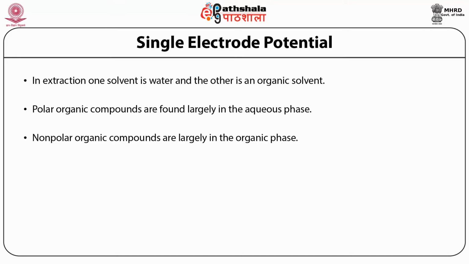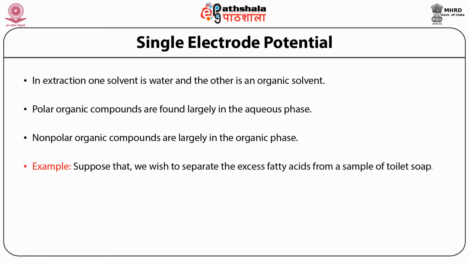In dilute solutions, to a first approximation, the distribution coefficient is independent of concentration. It can be further explained by taking an example. Suppose we are separating the excess fatty acids from a sample of toilet soap.